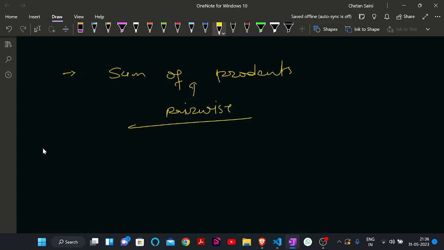Now, our first thing is how we are going to calculate the sum of pairwise products. For that, just think about what the value of (a plus b) whole square is: that is a square plus b square plus 2ab.